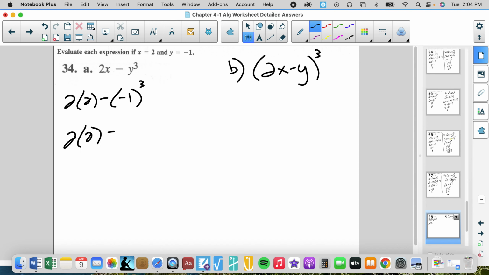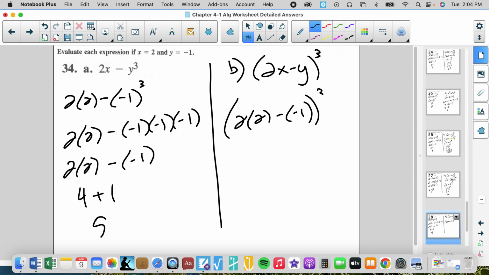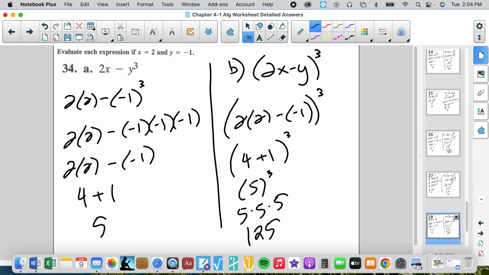That's 2 times 2 minus -1 times -1 times -1, which is 2 times 2 minus -1, which is 4 plus 1, which is 5. 2 times 2 minus -1 quantity cubed. That's going to be 4 plus 1 quantity cubed. That's going to be 5 cubed, which is 5 times 5 times 5, which is 125.